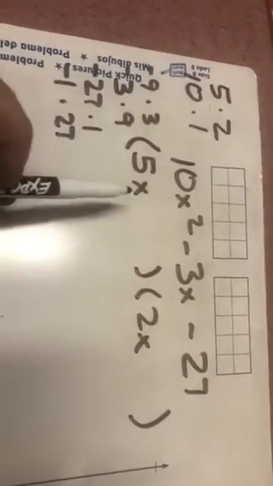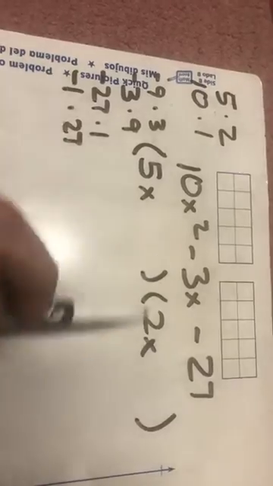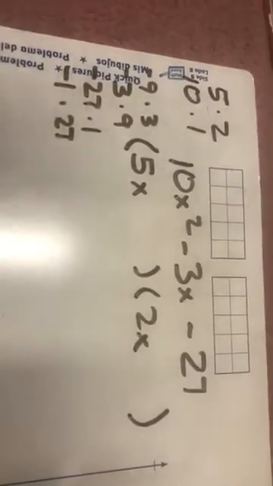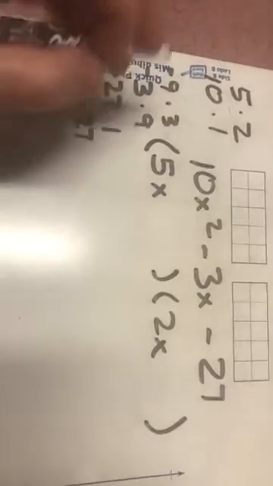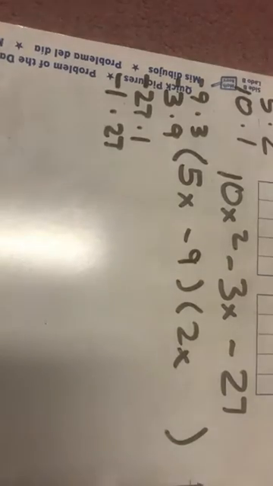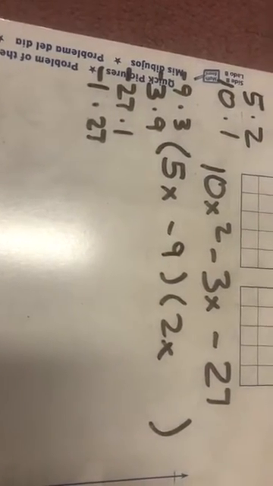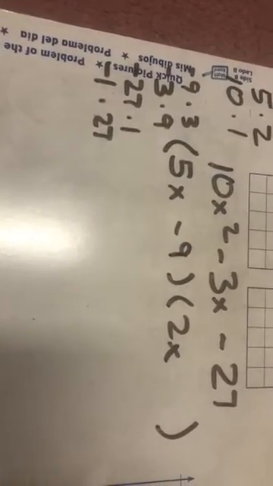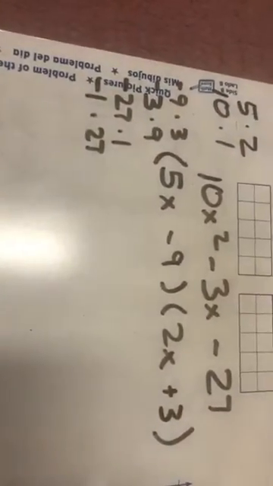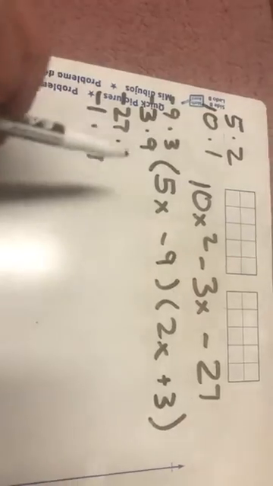I may have to go back, if this 5x and 2x isn't right, and use 10 and 1. But we have to try them just to see. So let's try the negative 9 and the positive 3. All right? And let's see how that works.